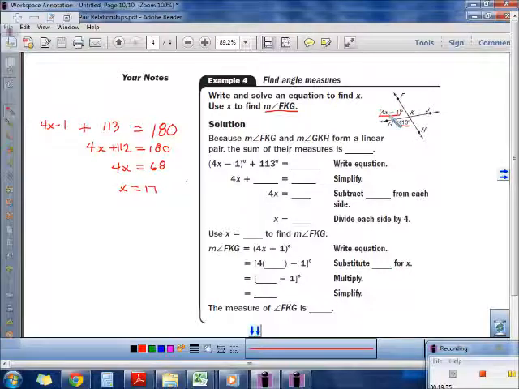That's at 4x minus 11. So I'd write that out. Measure of angle FKG equals 4 times, substitute the value, then minus 1. When you type that in, you should get your final answer. 67. Okay, try that out. Double check that. That should be the correct answer.